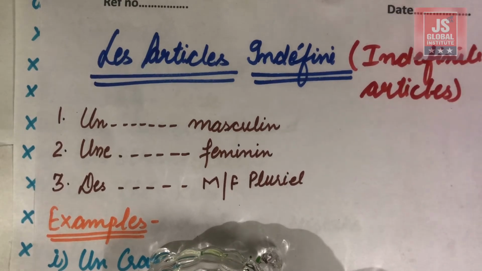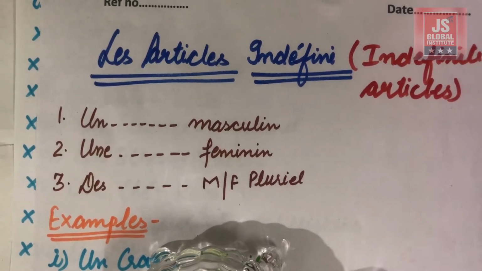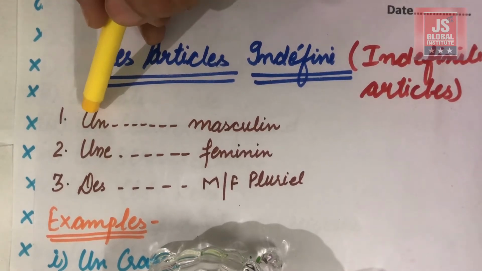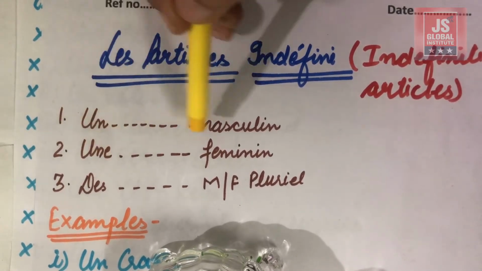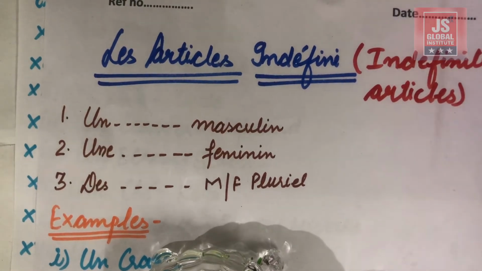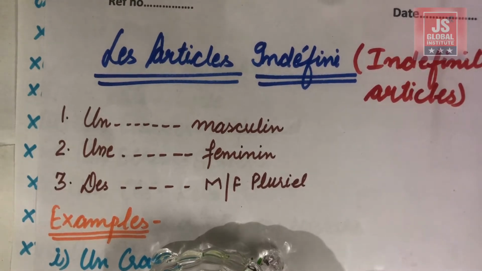Alright, so first type is un. Their pronunciation is a bit different, so you have to pronounce them at least 4 to 5 times so as to get them on your tongue. So how is this pronounced? Right, is used for masculine. As I mentioned in the previous video as well, in French usually everything has been divided into masculine and feminine.